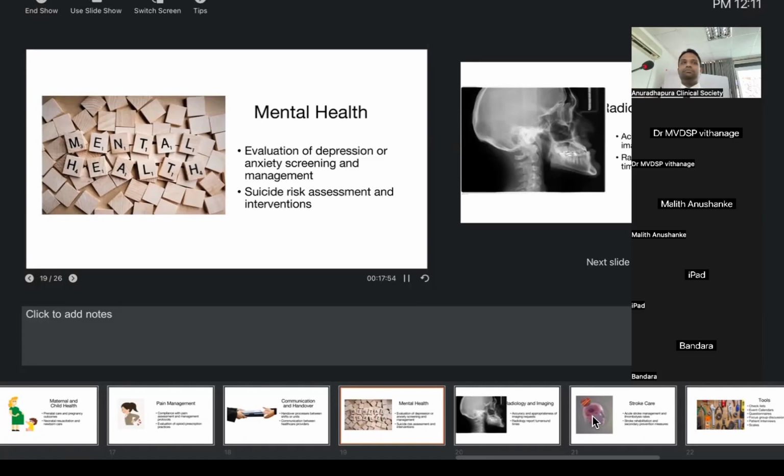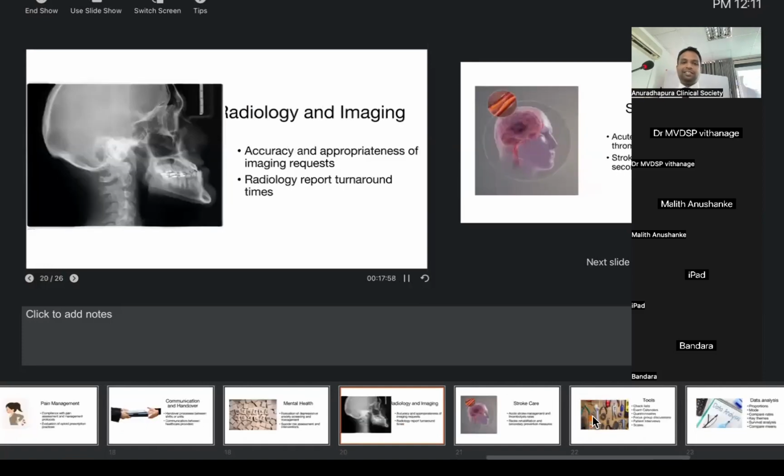So again, another few audits, right? Sorry, this is radiology and imaging. I don't know whether anybody is there in radiology, but I have lots of experience with regards to radiology these days. One of the main things is we are managing the patients.